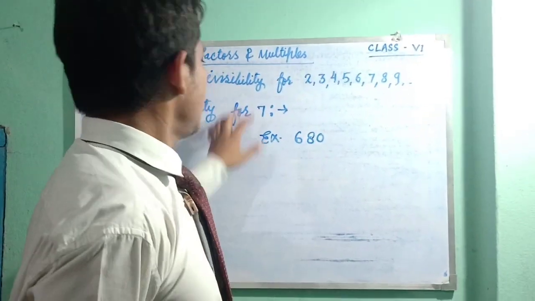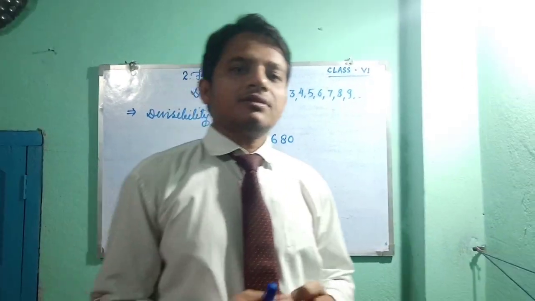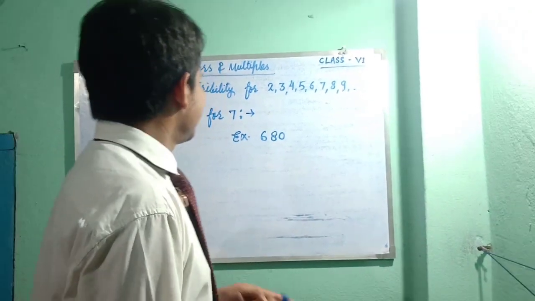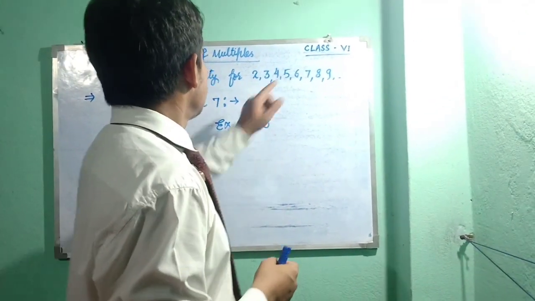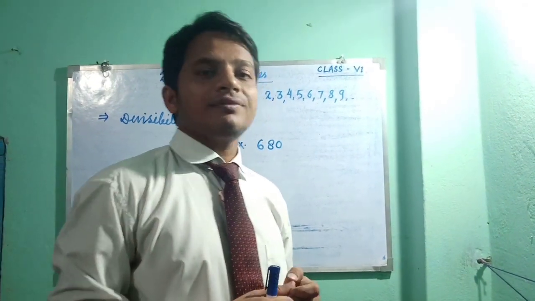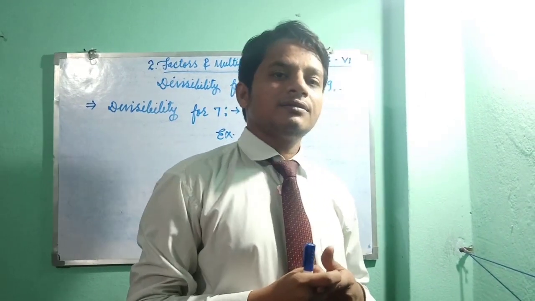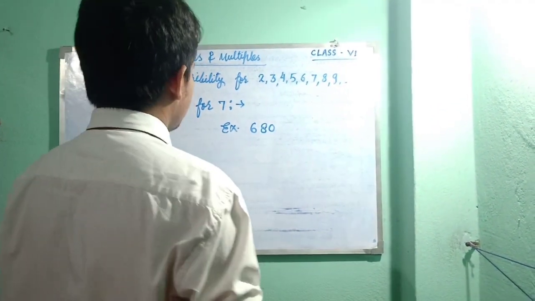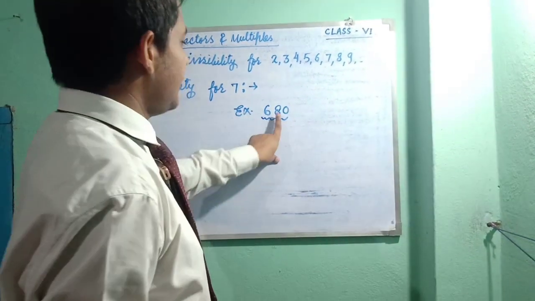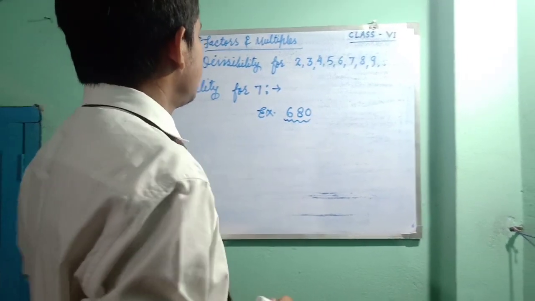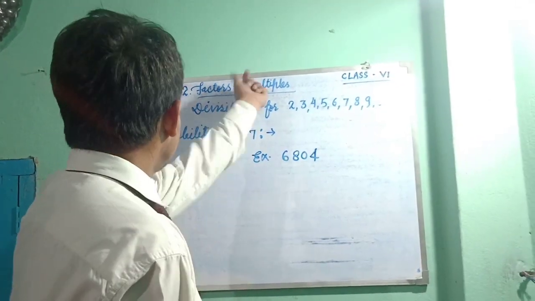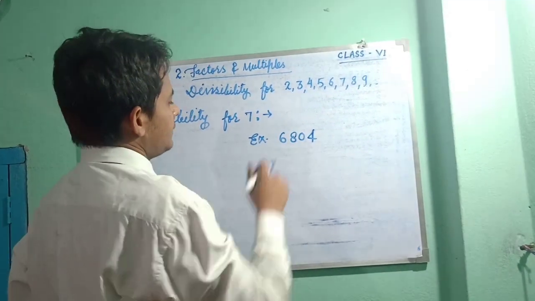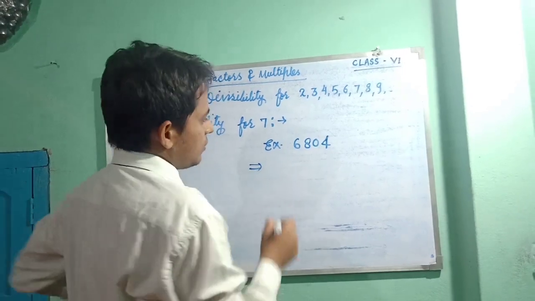next point, divisibility for 7. A number is divisible by 7 if the difference between twice its ones place digit and the number obtained except the ones place digit is either 0 or a multiple of 7.